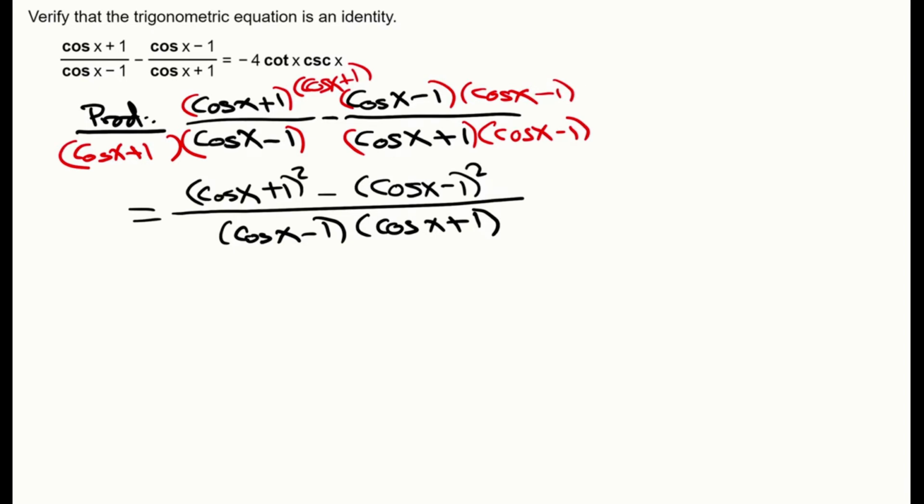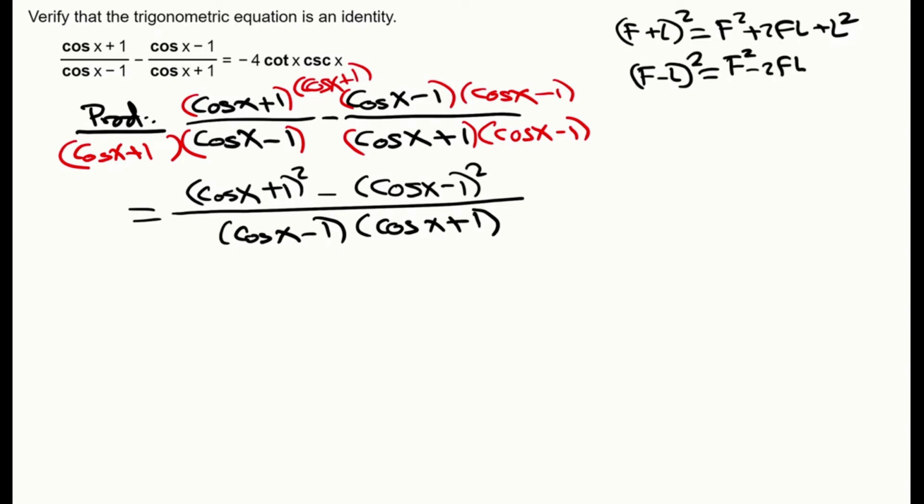So now we're going to have to recall these identities from algebra, which we had f plus l, quantity f plus l squared equals f squared plus 2fl plus l squared. That was the identity for the sum being squared. And we had one for the square of a difference, f minus l squared, which is similar, but the middle term becomes negative.